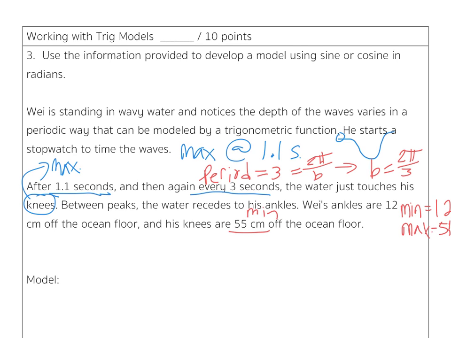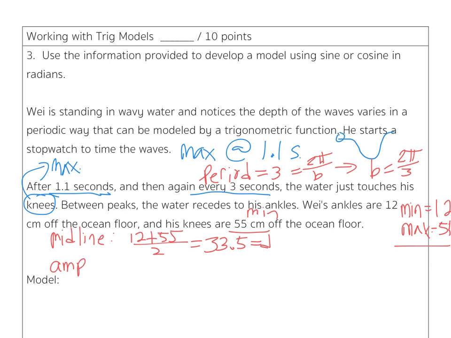Let's get the rest of this information from our kind of notes here. So we're looking for a midline. We know that's the average of the max and min. So 12 plus 55 divided by 2. That's going to be 67. 67 divided by 2 is going to be 33.5, and that's our d value.